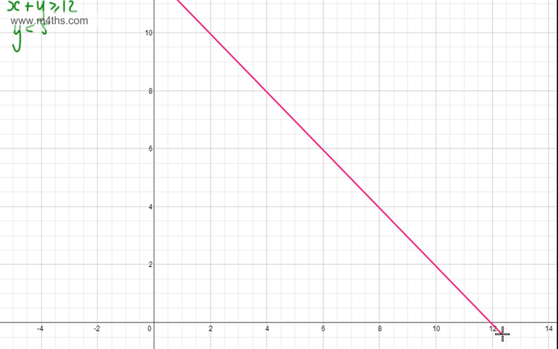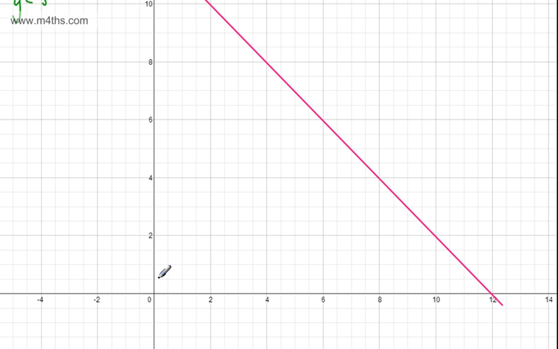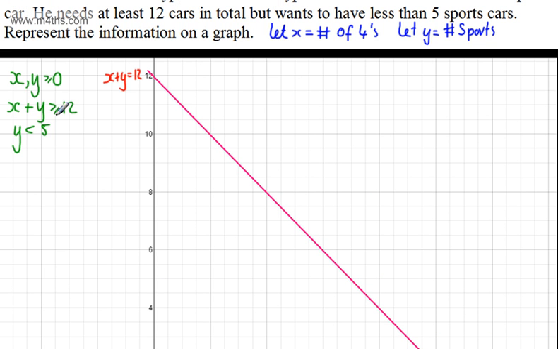So what I'm going to say now is the following. So just writing this on, this is the line x plus y is equal to 12. We want it to be greater than or equal to 12, so quite clearly we're going to go above the line. Testing the origin here is not going to work. So 0 plus 0 is not 12 or more.